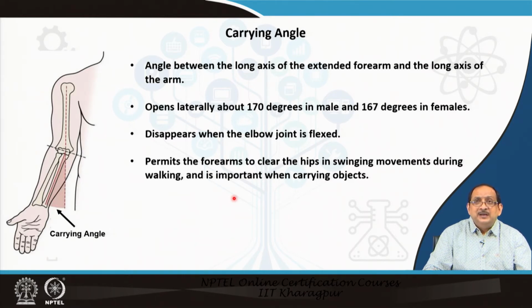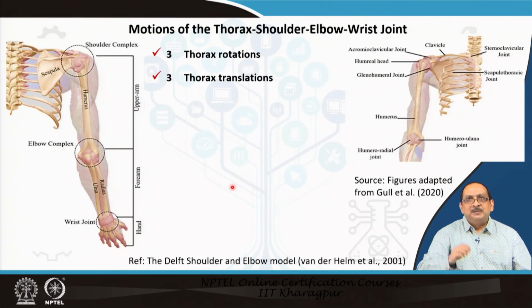Let us discuss the motions offered by the thorax, shoulder, elbow, wrist complex. Individually we have the shoulder complex, the elbow complex and the wrist joint.